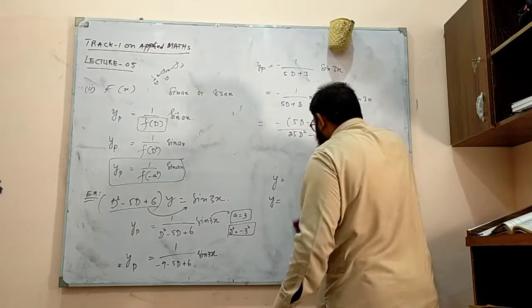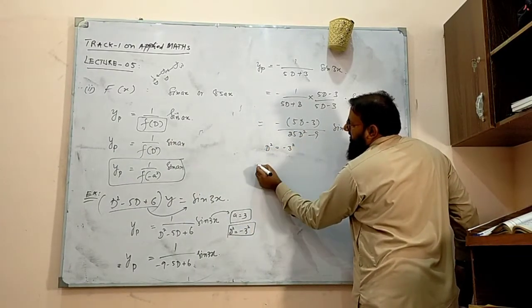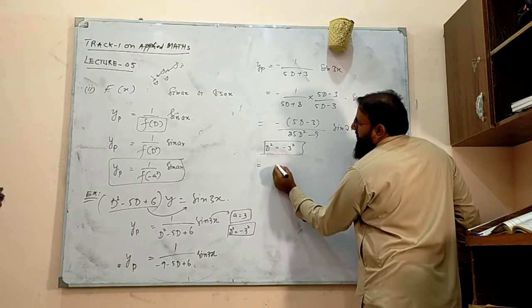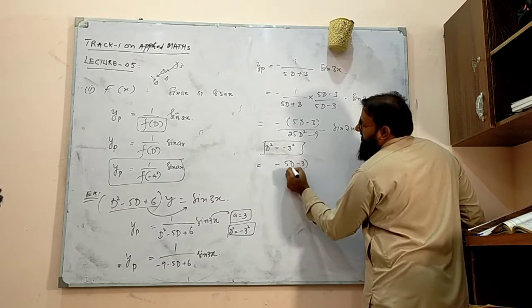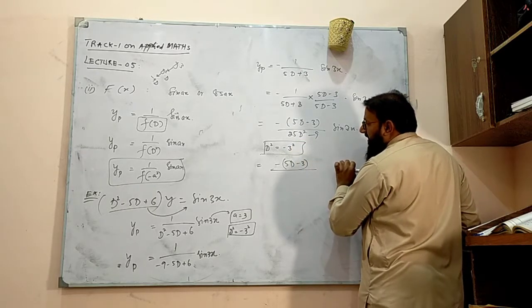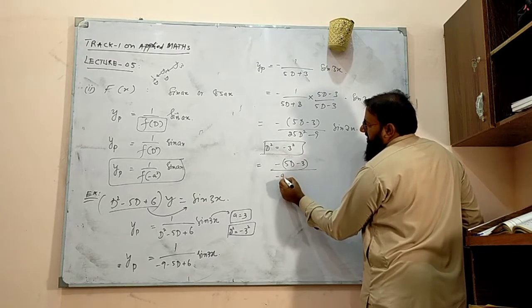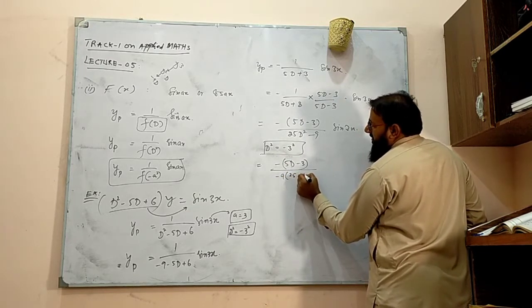So again, d square would be equal to minus 3 square. So this becomes minus 5d minus 3, over minus 9 minus 25, or common, 25 plus 1.